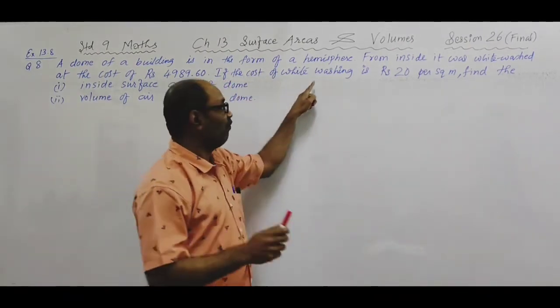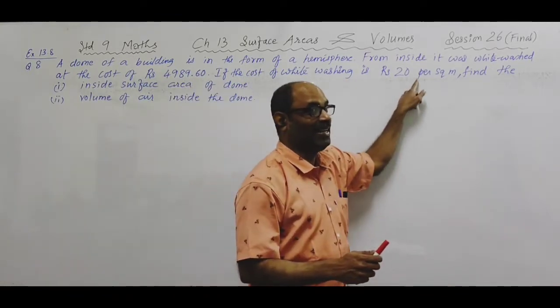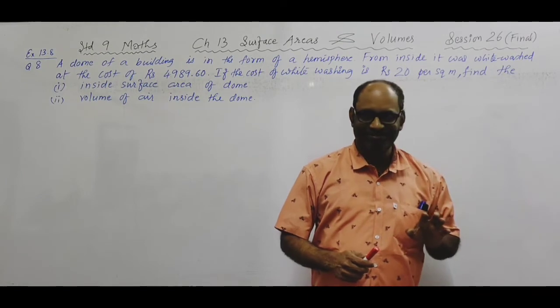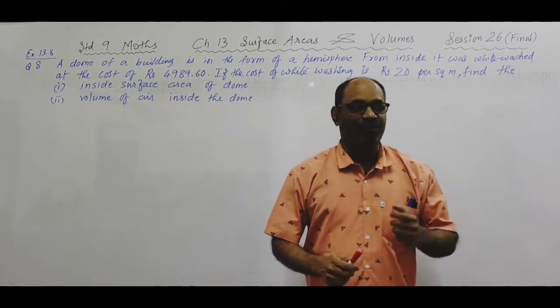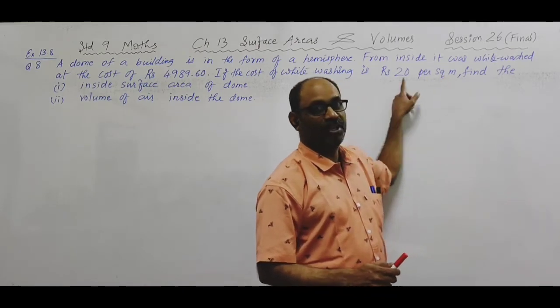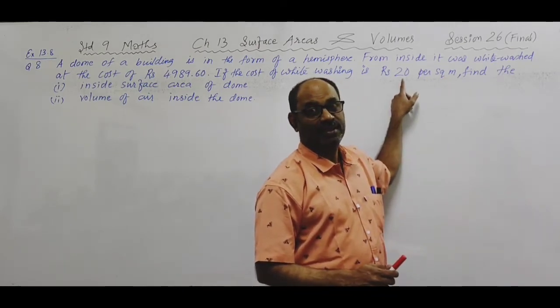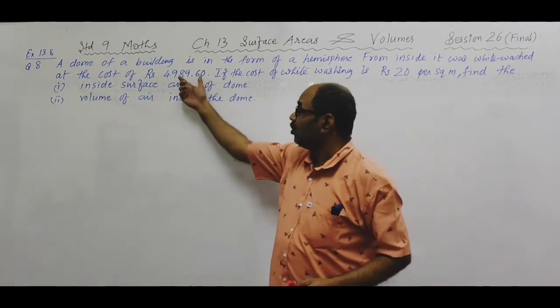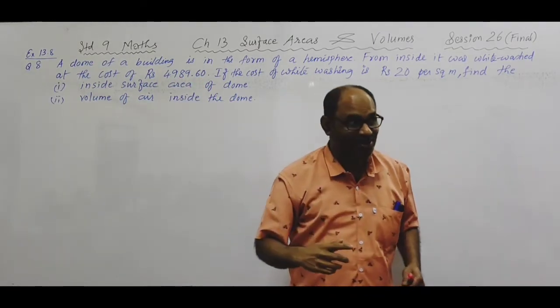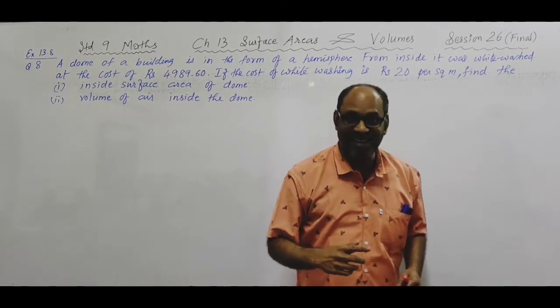If the cost of whitewashing is rupees 20 per square meter, that is the rate of whitewashing: 1 meter square costs rupees 20. So how many square meters of whitewashing is done?